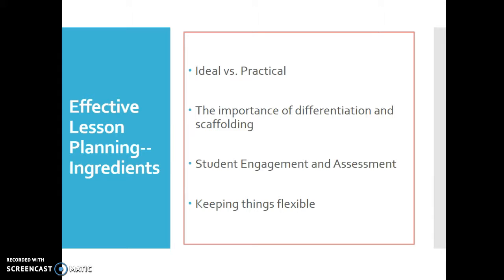You need to be able to build materials that are going to involve all of your learners and engage them to the objectives of whatever particular standard you're using in that lesson. And since these standards are working together, scaffolding begins in one standard.